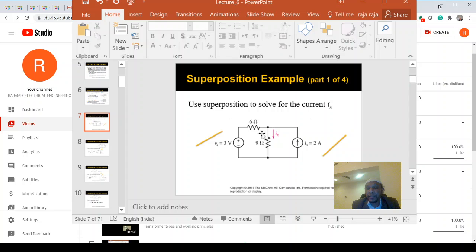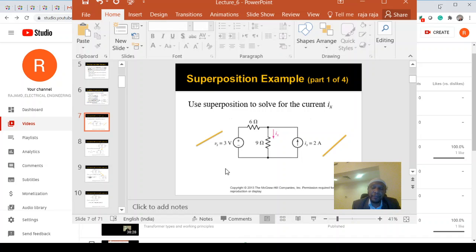The resistance branches are given as 6 ohm and 9 ohm. How do I apply the superposition theorem for this problem? To solve for the current Ix, I want to calculate the current flowing through this branch by applying the superposition theorem. So that is the question now.